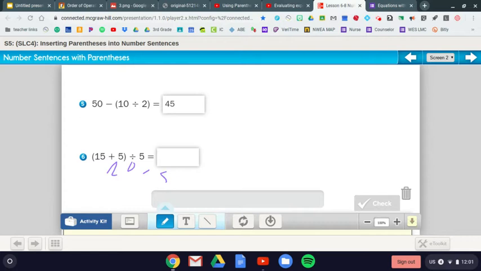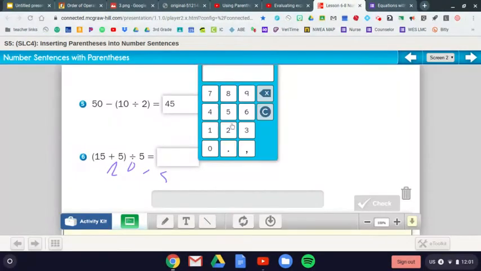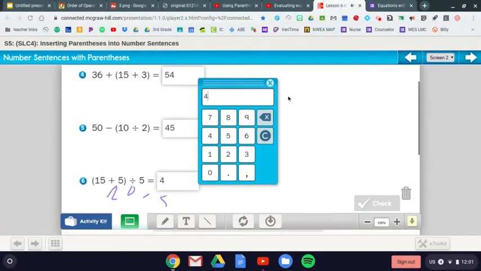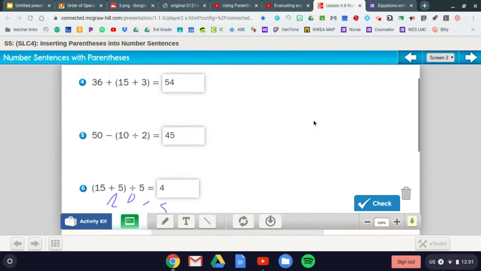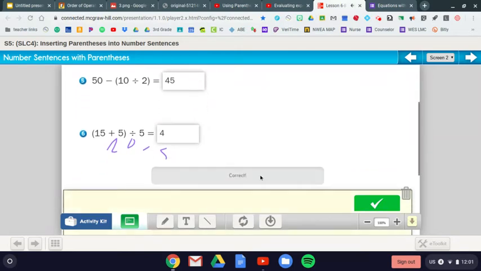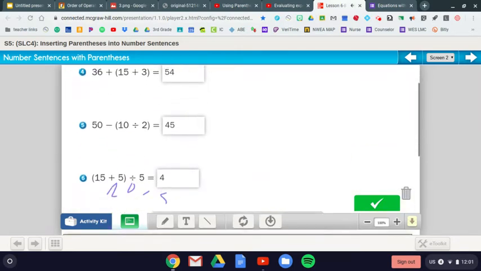What times 5 equals 20? 5 times 4 is 20, which means 20 divided by 5 must be 4. Looking at my answers, making sure I've done everything I need to do. I've checked my work. I'm going to check, and I'm correct. Good job, guys.